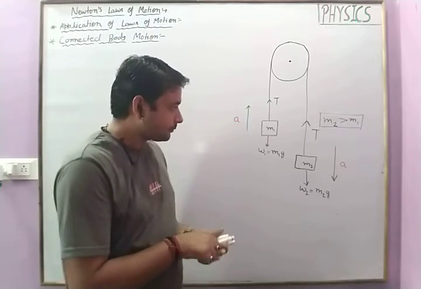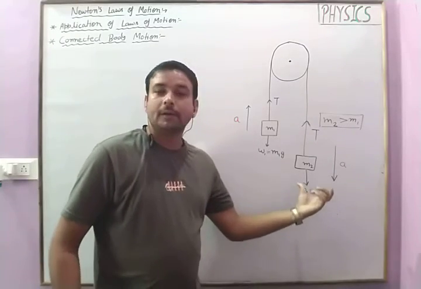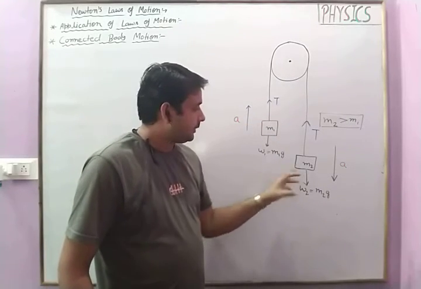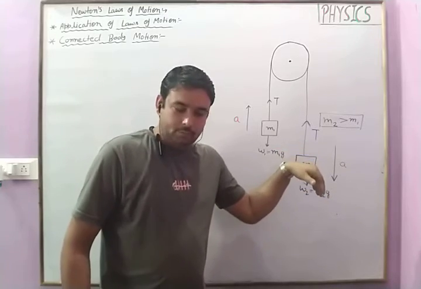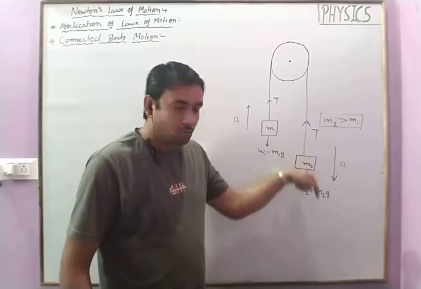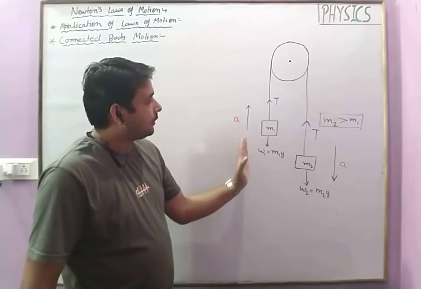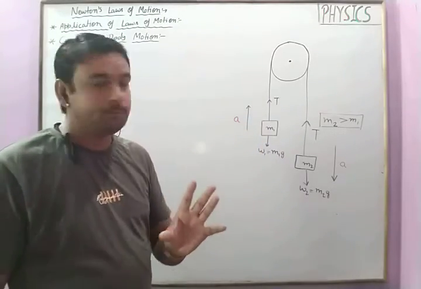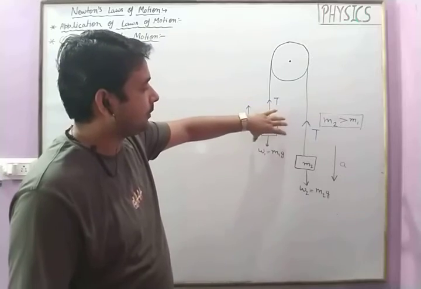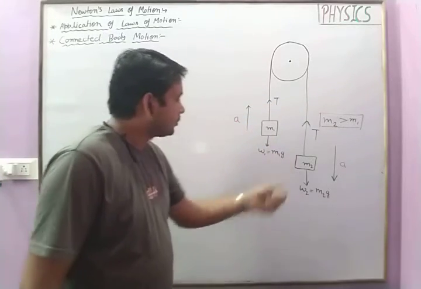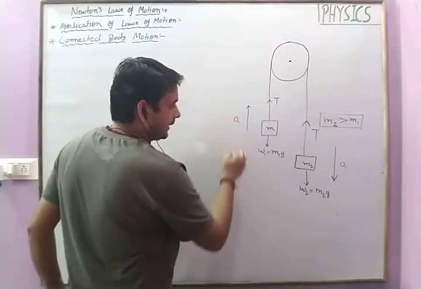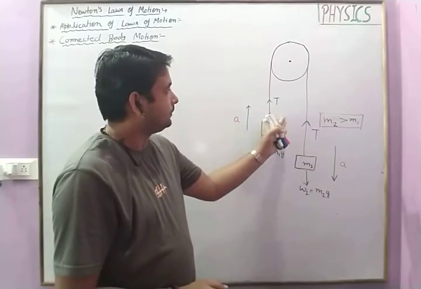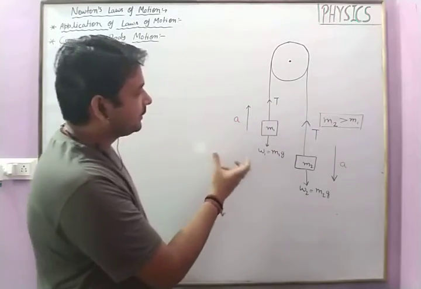For determining the acceleration in both the body, for which heavier body moving downward and lighter body moving upward, we will use a free body diagram for each of the one. So we calculate the acceleration in the body, and then after we calculate the value of tension that appears in the string.